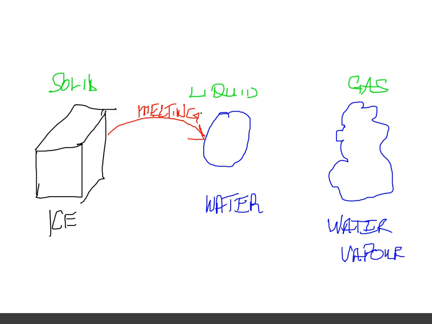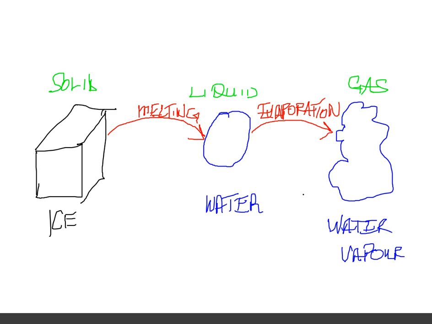And of course then we can also take the H2O that's in the liquid phase, and we can evaporate it to produce the gas equivalent. We can also go backwards. That's one of the really interesting things about phase changes.